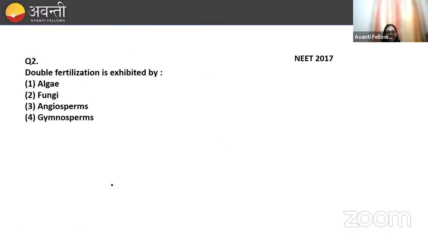Next one is, double fertilization is exhibited by: A is algae, B is fungi, third is angiosperm, and fourth says gymnosperm. What do you think? What will be the correct option for this question? Very good, Ms. Gauri.